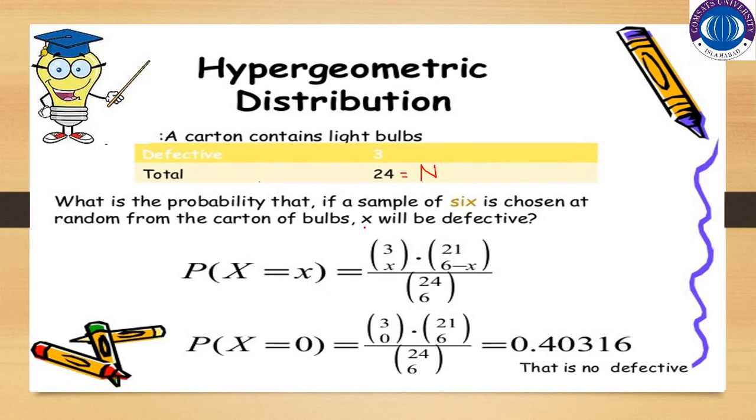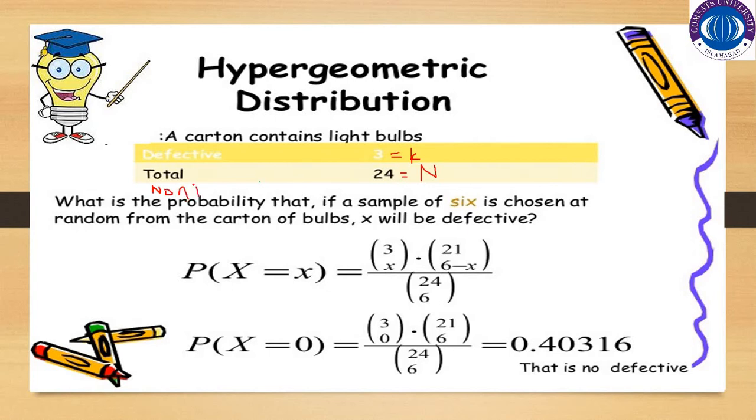Here they are saying the random variable is associated with the defective bulbs. So the defective bulbs in the carton are our number of successes, which are 3 in number. It means 3 is equal to K. So how many non-defectives are there?